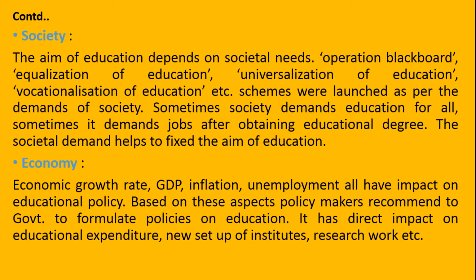Sometimes society demands education for all. Sometimes it demands jobs after obtaining an educational degree. The societal need helps to fix the aim of education. So the aim or nature of education changes with the need of society.